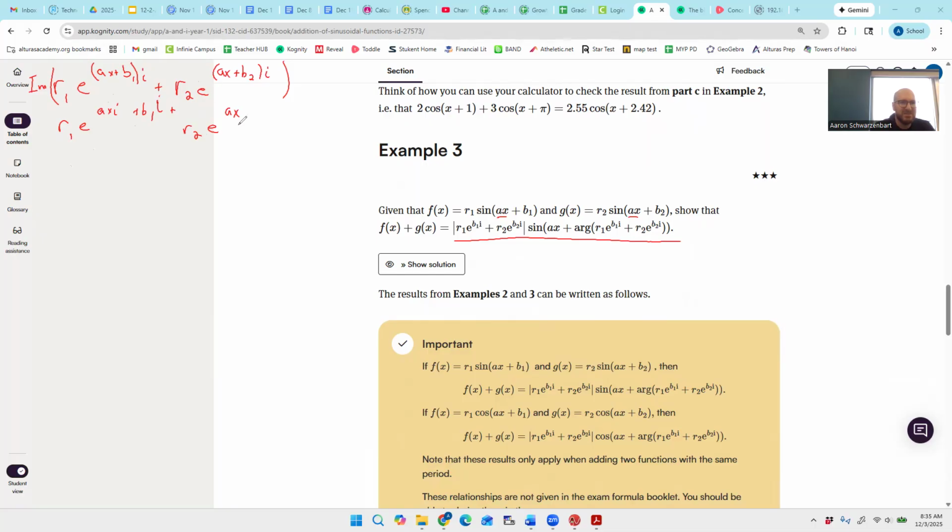And this is i. So all I've done so far is distribute the i's. It is still in imaginary form. Now I'm going to break those apart.